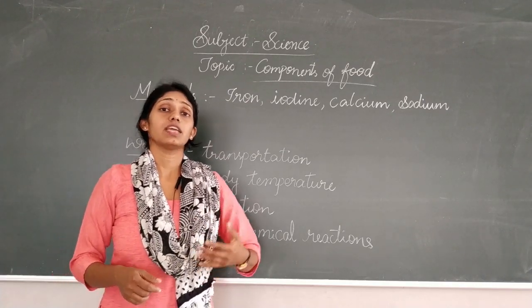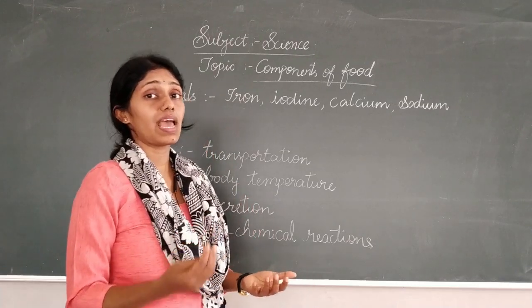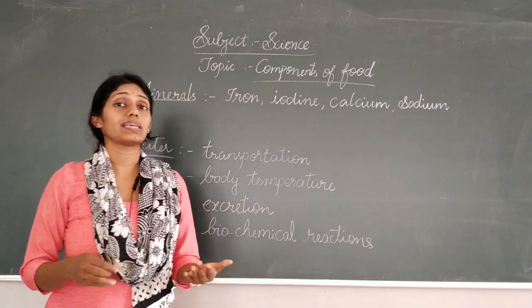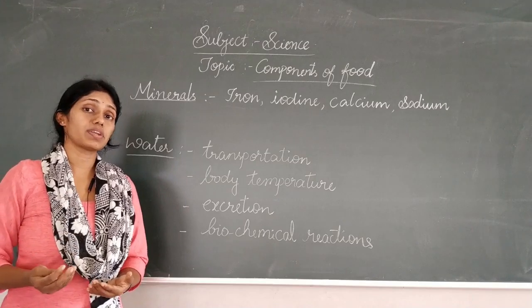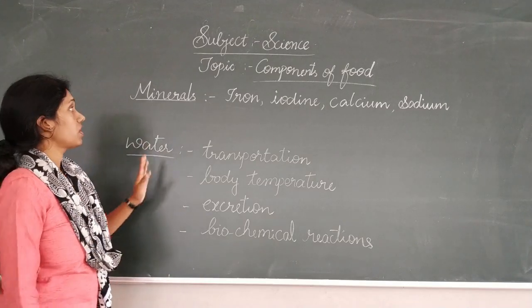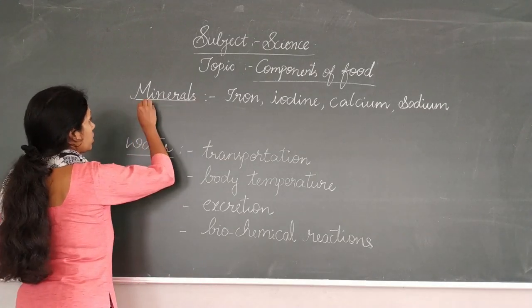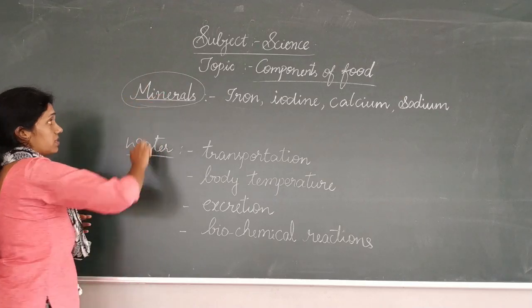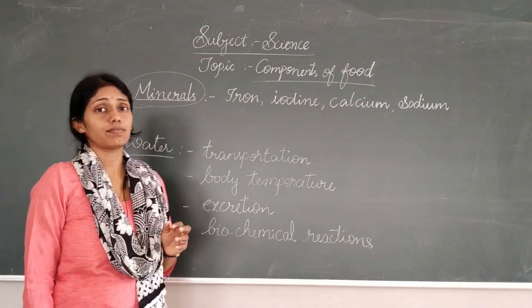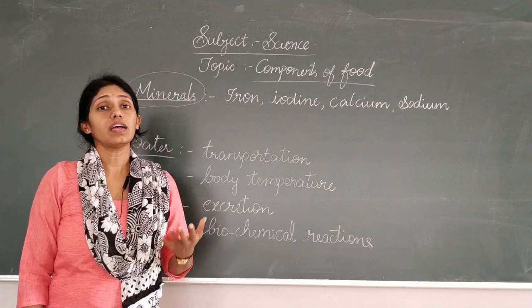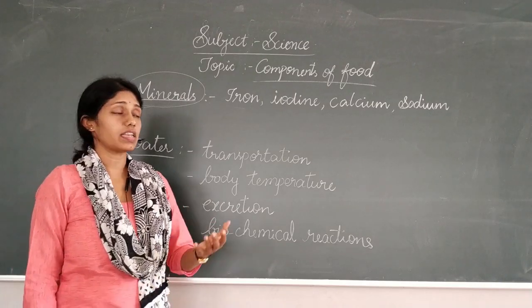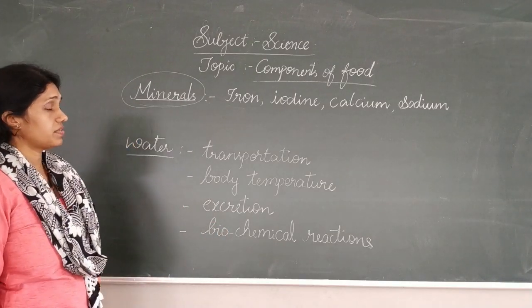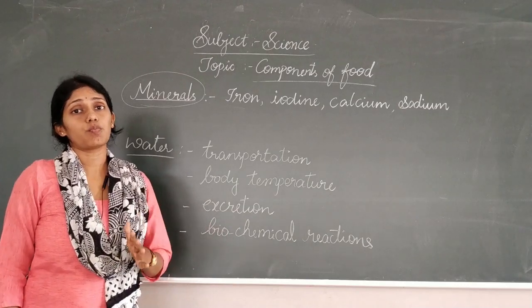The minerals help in the proper utilization of other nutrients in the body. So the minerals are very important to be added in the diet. And also it helps to fight against the diseases. Got it children? So it is very important.